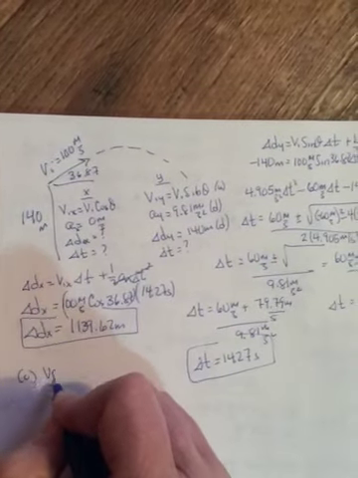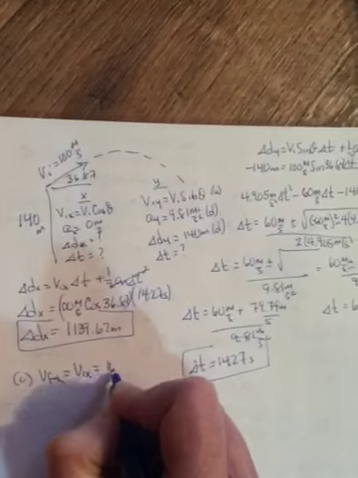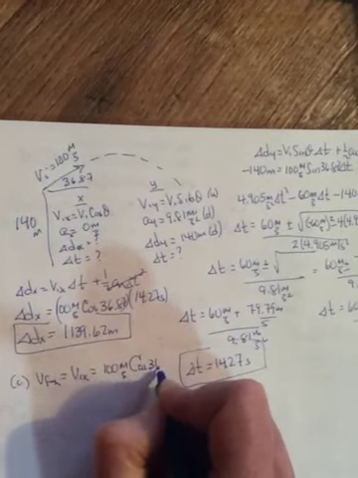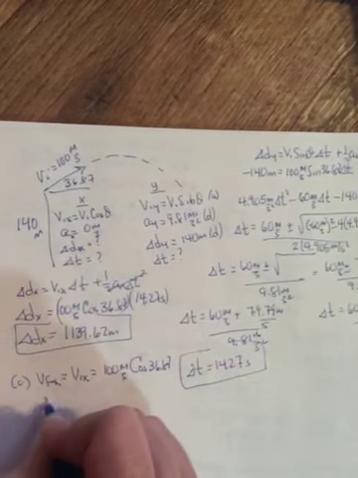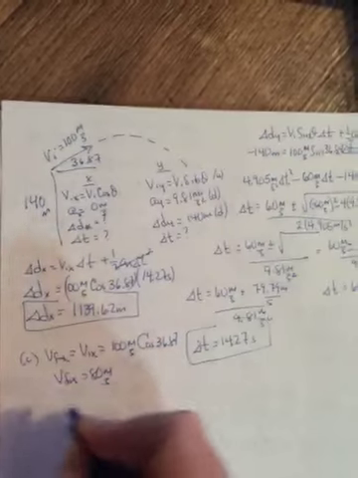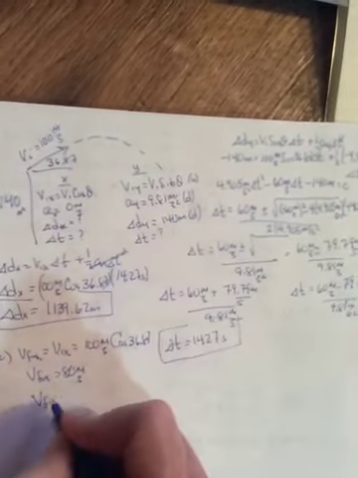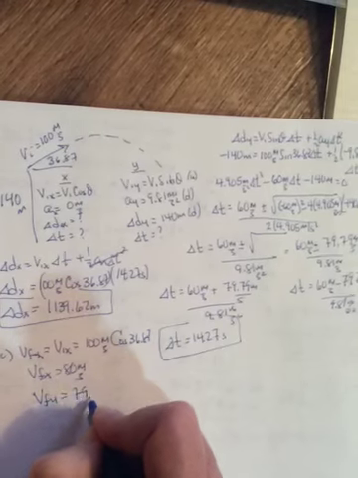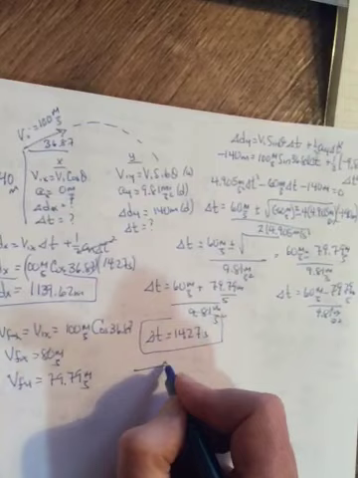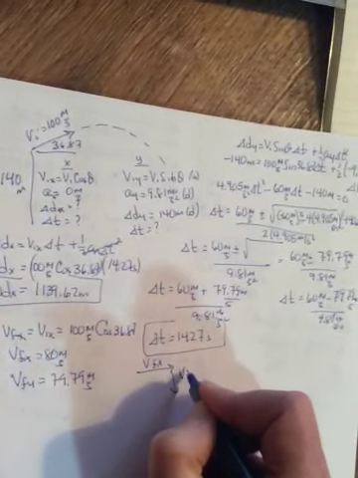So you need her VFX, which is going to be equal to her VIX, which is just 100 meters per second cos of 36.87. Cos of 36.87 is 0.8. VIX is 80 meters per second, VFX, excuse me. And VFY is what was under the root. So it's 79.79 meters per second. And it's just a coincidence again that they're so close. The last one we did was too.